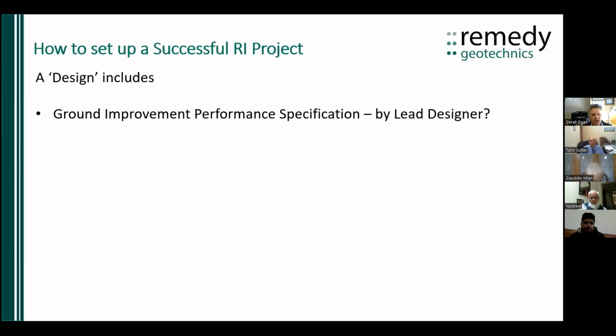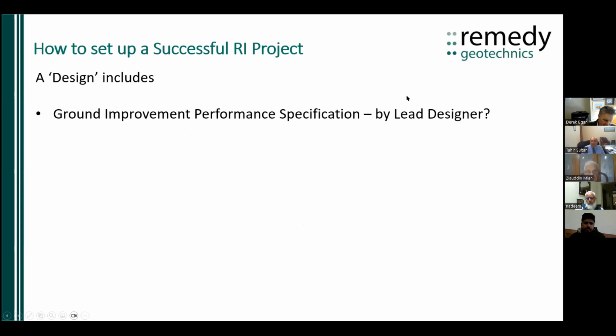So you've obviously got the ground improvement, and you need to be able to specify for the project's benefit the ground improvement system. So there needs to be some sort of, I would call it probably a performance specification setting out what the ground improvement, or in this case, rigid inclusions, must achieve. And that is probably going to have to be written by the lead designer.